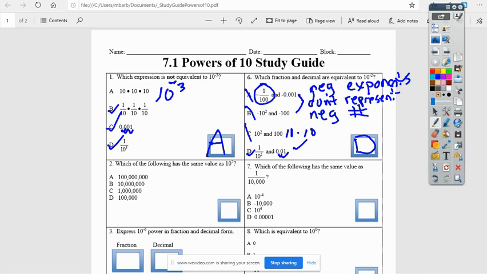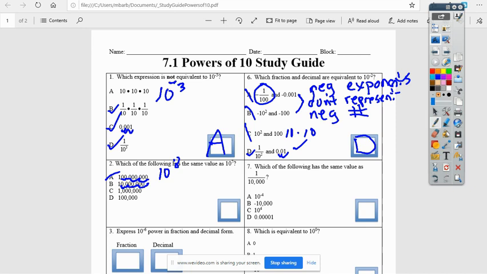All right, which of the following has the same value as 10 to the 7th power? If I'm going to show some work here, I go over 3, 6, 7, 8 spots. So this is really 10 to the 8th power, so it's not A. B would be 3, 6, 7. Always going to be behind the first natural number.